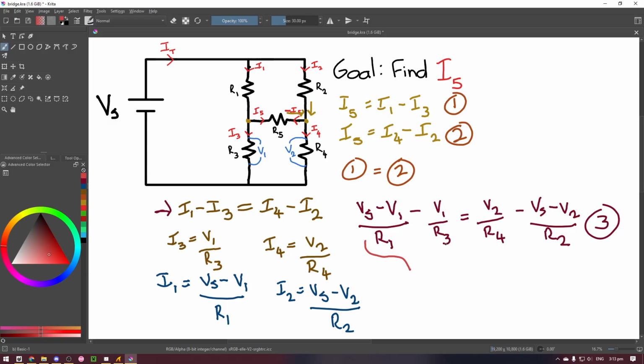Remember, this still is I5. It goes to I1 minus I3, which is equal to I5. And the same thing on this side, this is also I5. Another way to find I5 is with Ohm's law, where I equals V over R, so I5 is equal to the voltage over R5, which I will label as V3, over R5.